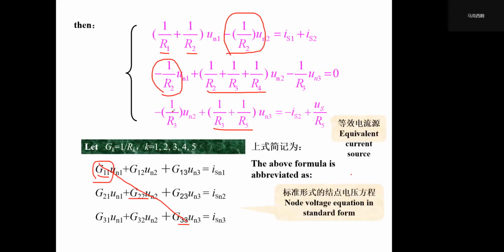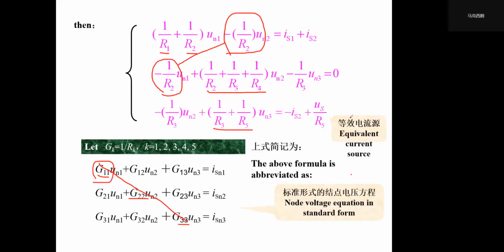Let's say this matrix is symmetrical along the diagonal, so this coefficient also appears in this direction.